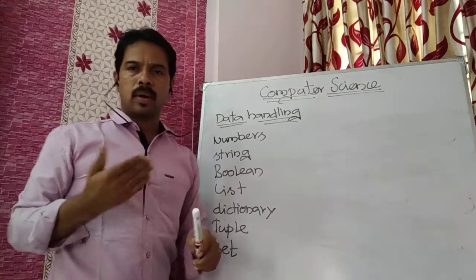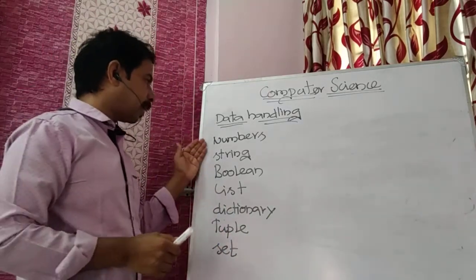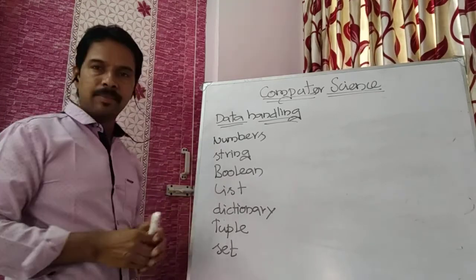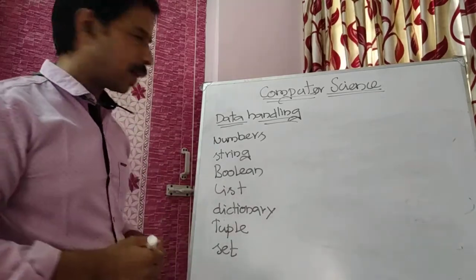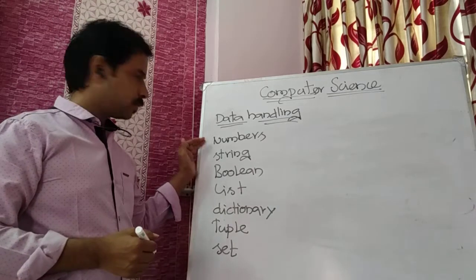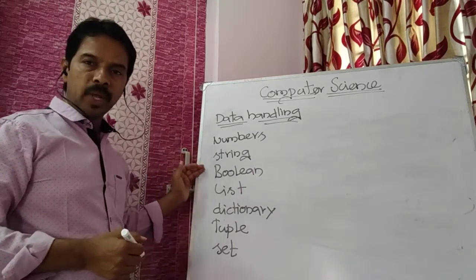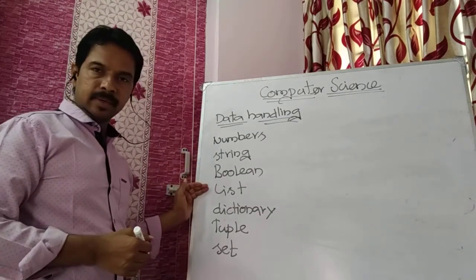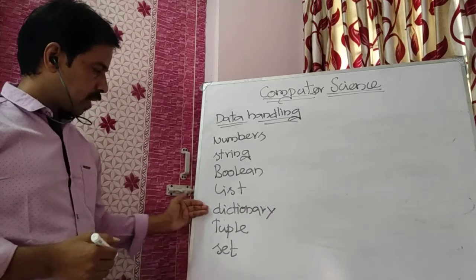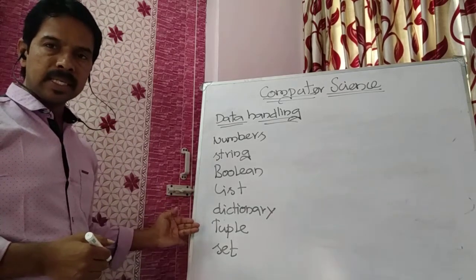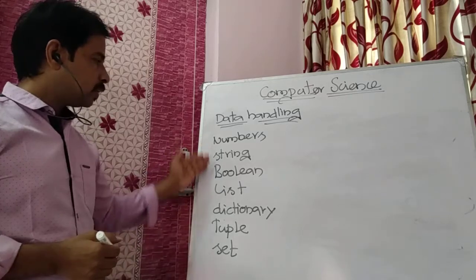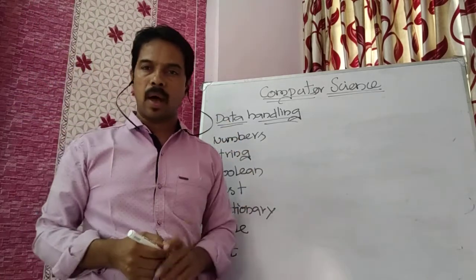So when you are viewing data, only these are the types of data available: numbers, string, boolean, list, dictionary, tuple and set. Only these types are available.